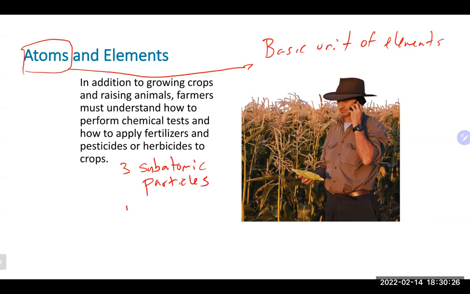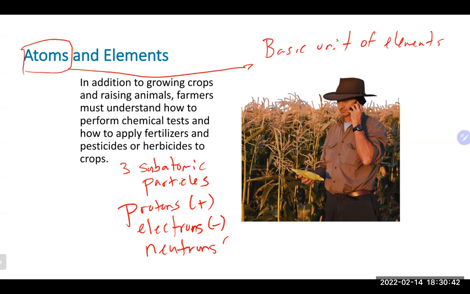Those are protons, which are positively charged; electrons, which are negatively charged; and neutrons, which have no charge. So the atom is the representative unit of all the elements. And within this really small atom, there's that internal structure that's made up of these 3 particles. We'll talk about where they're located and all that good stuff in this chapter.